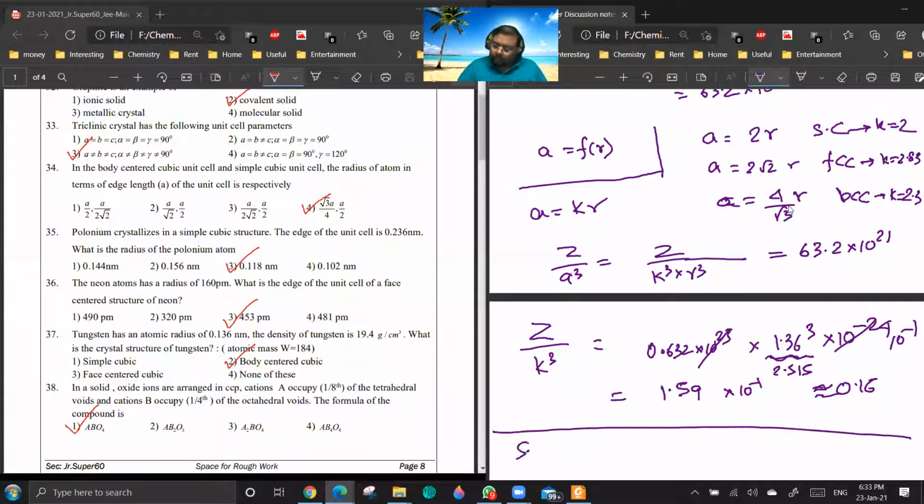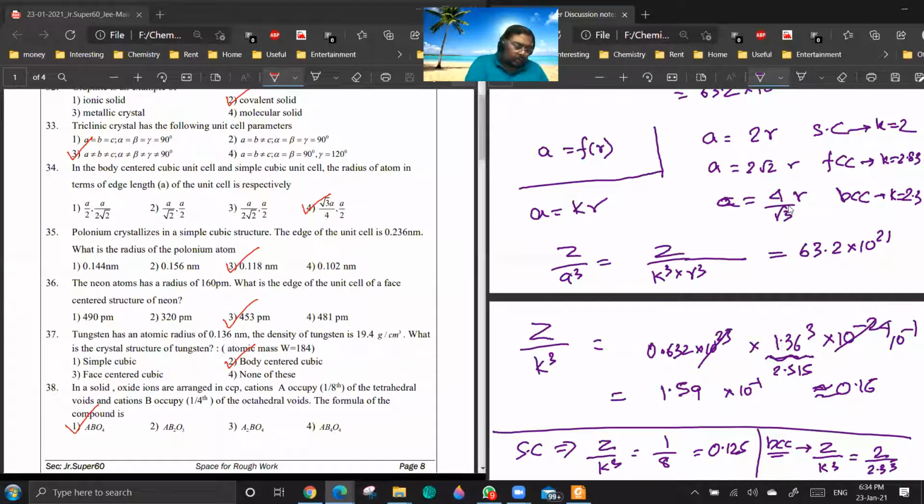So for simple cubic, what is the value of Z by K cube? 1 by 8, so it is like 0.125. For BCC, Z by K cube is 2 by 2.3 whole cube.